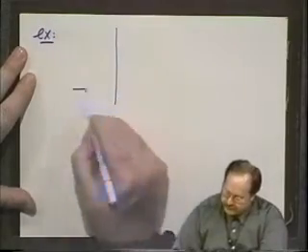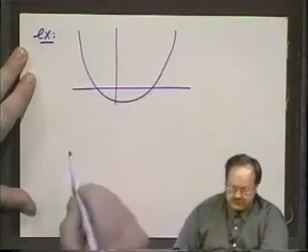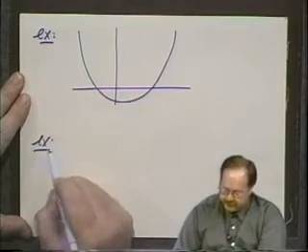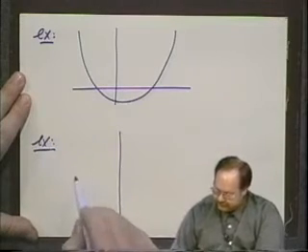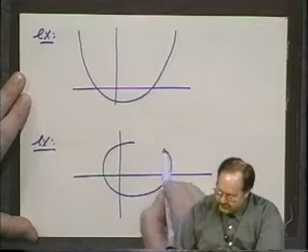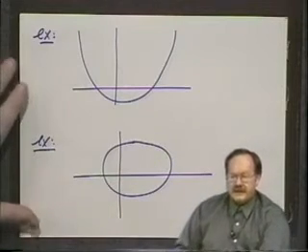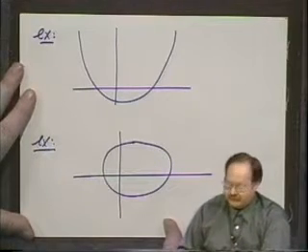So let me give you a couple of pictures here. Example. Here's a picture, and let me draw another one. Example. Here's another picture. Now, is either one of these the graph of a function?